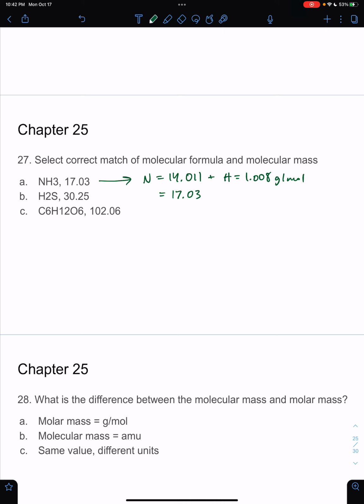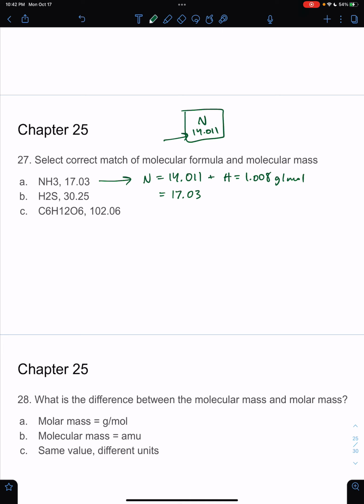You should do that on your calculator just to make sure, but you're just going to look at the number below the atomic symbol. So this one on the bottom is going to be the molecular mass. You should have a periodic table to refer to. So you're just going to add those up.